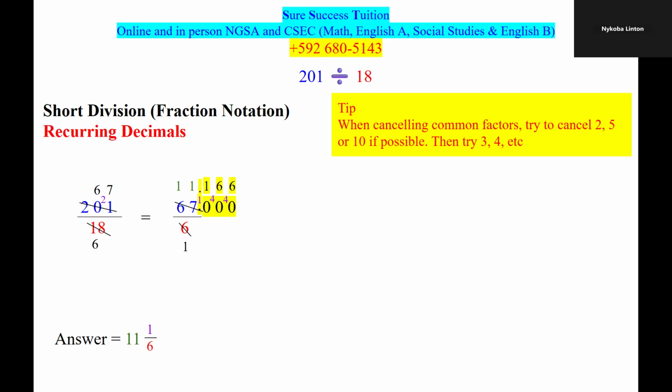So we notice we have the same answer, right? We will arrive at the same answer even if we cancel the common factors. Once we did everything correct, there were no errors in our calculations, the answer would be the same. So again, how do we write this? 11.16 with the bar over the 6.